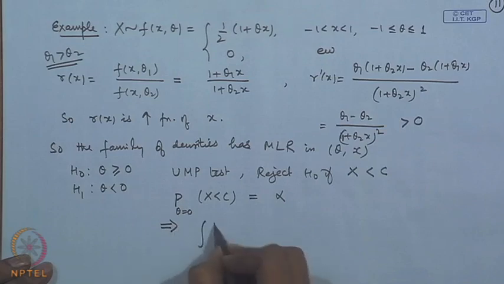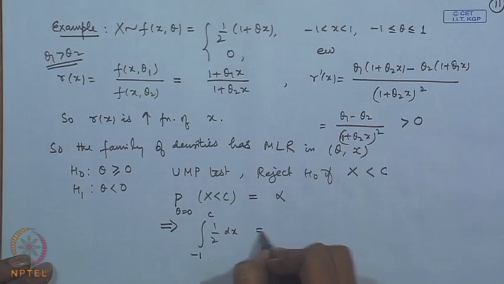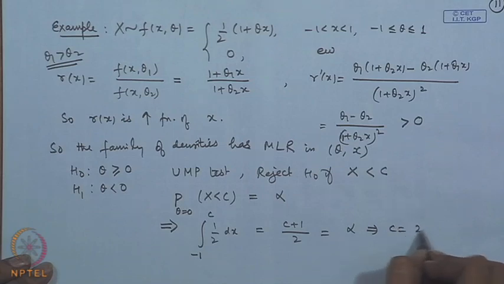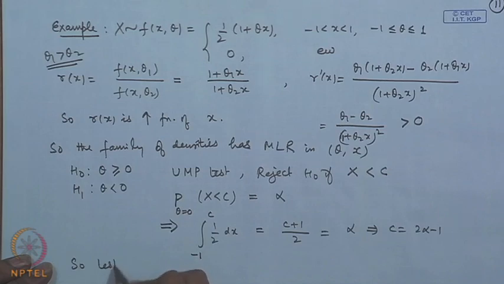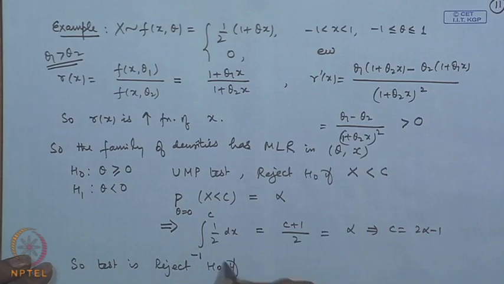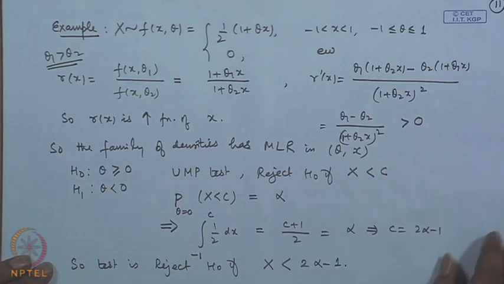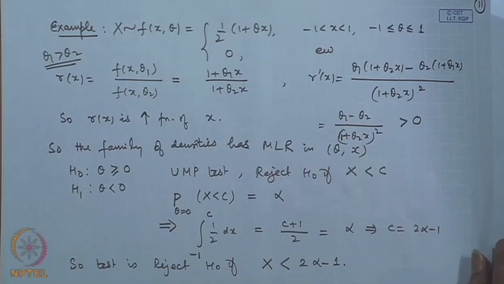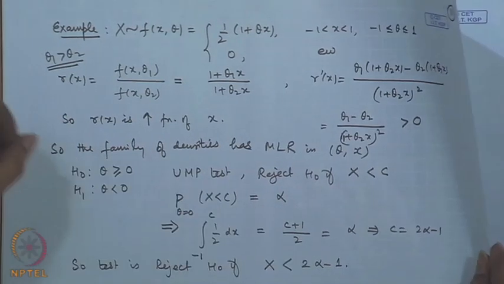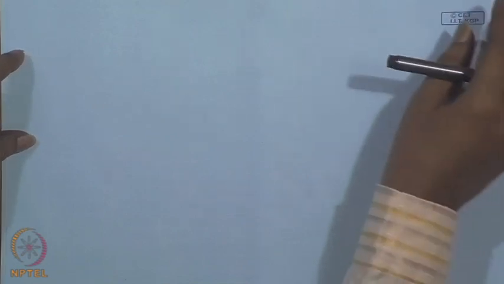So, this is actually half from minus 1 to c, that is equal to (c plus 1) by 2, that is equal to alpha. That means, c will be equal to twice alpha minus 1. So, test is reject H naught if x is less than twice alpha minus 1. So, we are able to get an exact form of the testing procedure here. This is the UMP test in this particular problem.